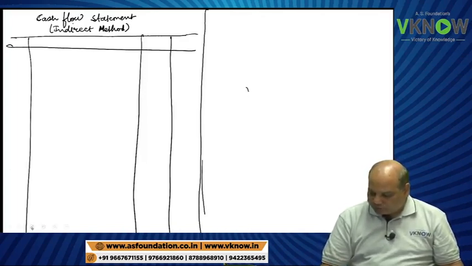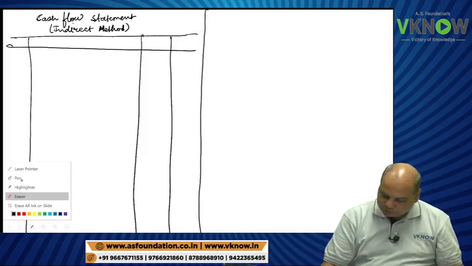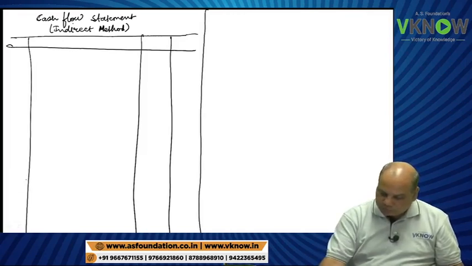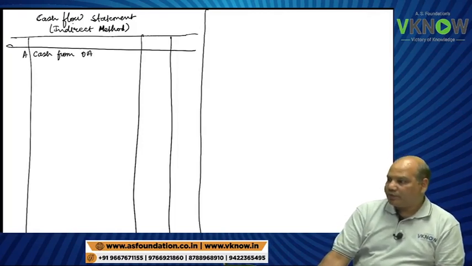First point A, cash flow from operating activities.